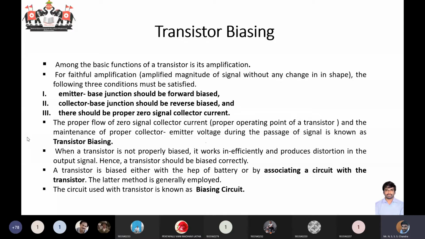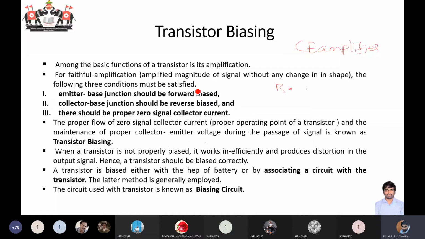If you're taking a common emitter transistor, we'll be using the common emitter transistor as an amplifier. So for a CE amplifier, what are the input terminals?